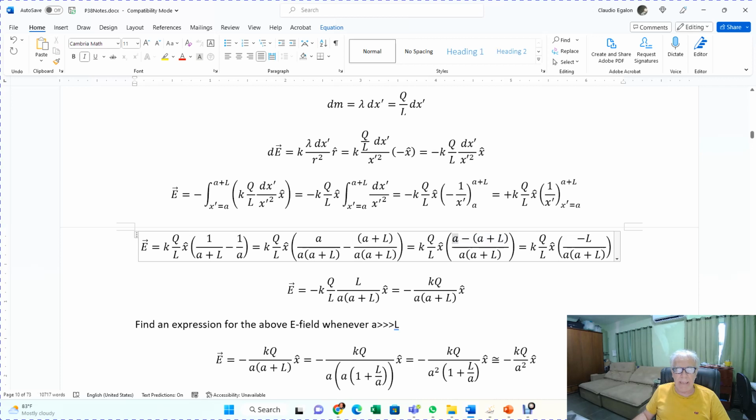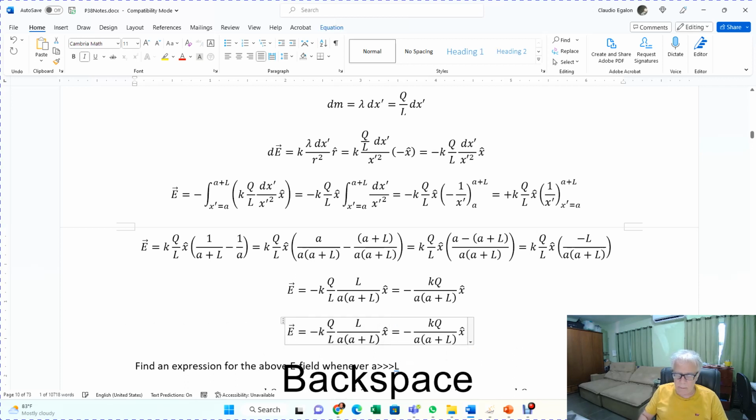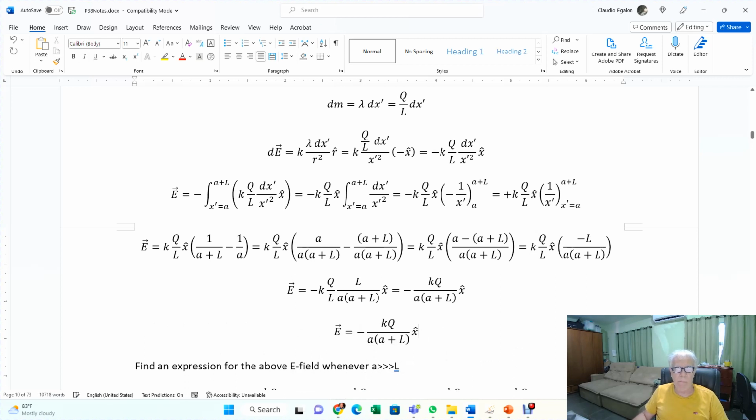The A cancels out with this minus A, and we end up with a minus L here, which, by the way, ends up being this result here. I'm going to write it here. Here you go. That's what's going to be the net field of that linear charge distribution.